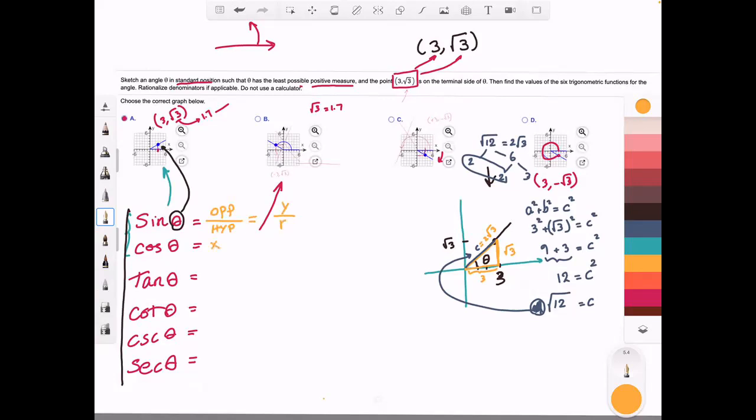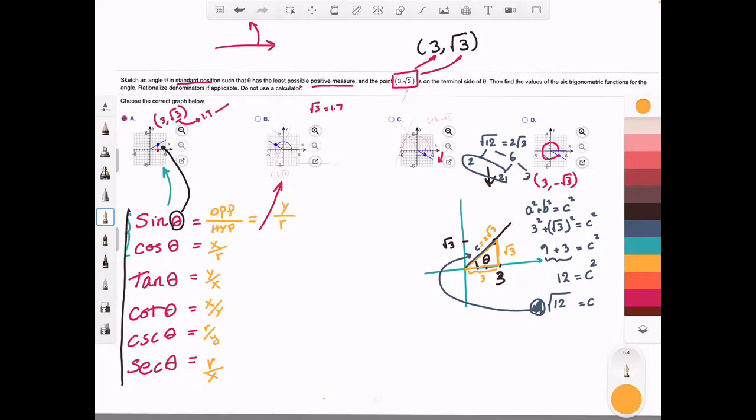Cosine is x over r. Tangent is y over x. Cotangent is x over y. Cosecant is 1 over sine, which is r over y. And secant is r over x. So we also can transfer this to your note sheet. So we have this from the note sheet.